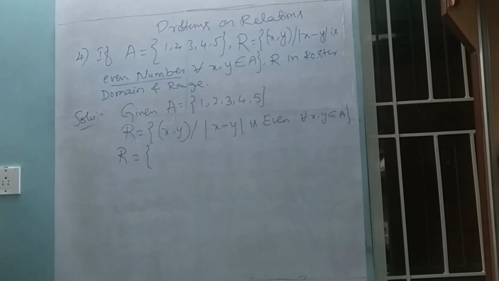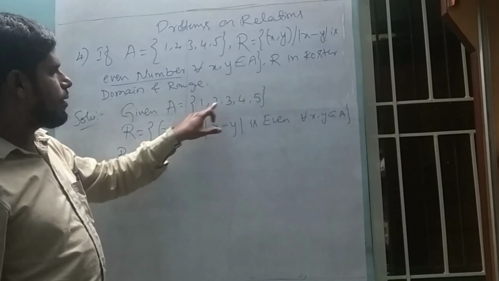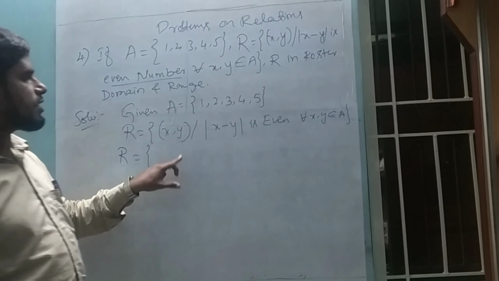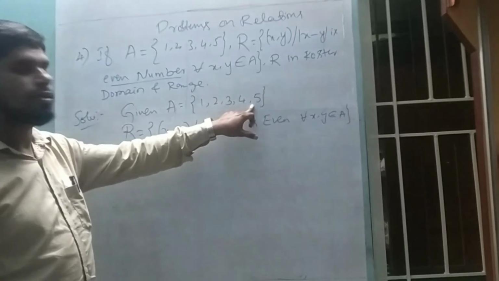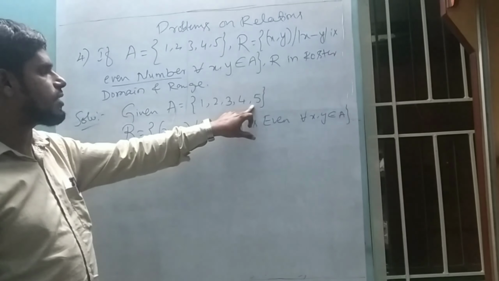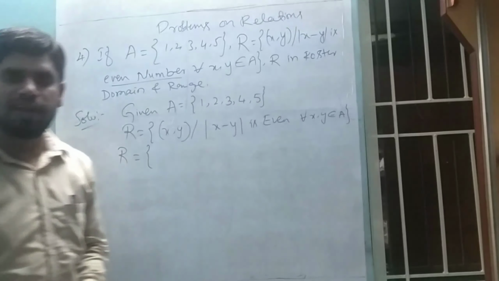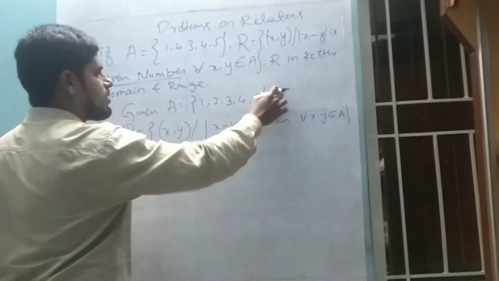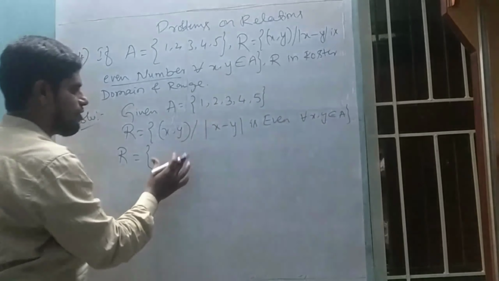It is not an even number. 1 minus 3, because I am writing relation, means what? Relation is a subset of the Cartesian product of set A, and here 5 elements are there. 5 into 5 is 25 elements, but out of that 25 elements, a few are my answers.